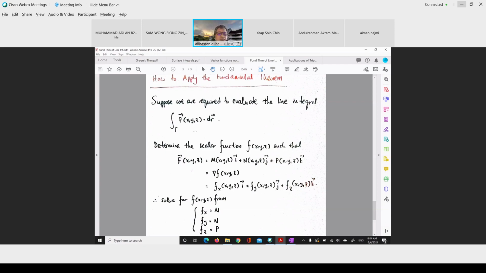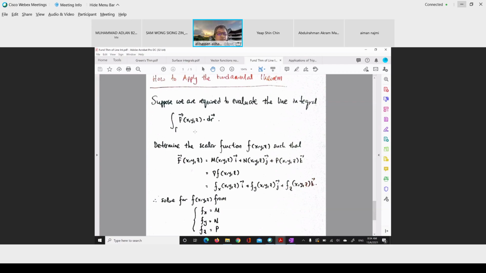And actually it can be shown that E is conservative. That means it satisfies the set of three equations. So I leave it to you to verify this. Hence there exists a potential function phi such that the electric field F is equal to, I'm sorry, there's a symbol missing here. I should have here the gradient of the potential function phi.